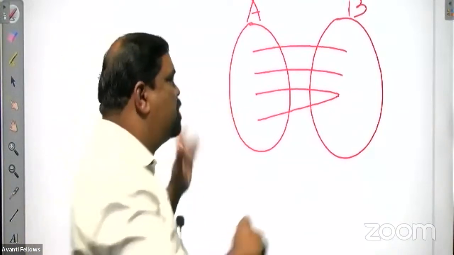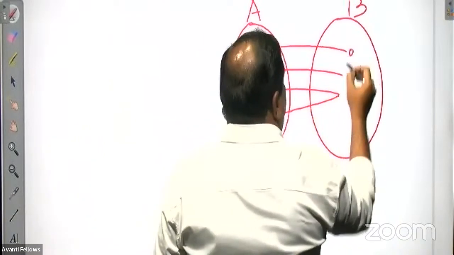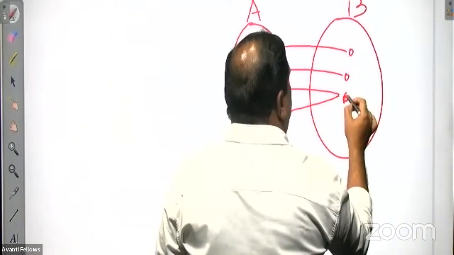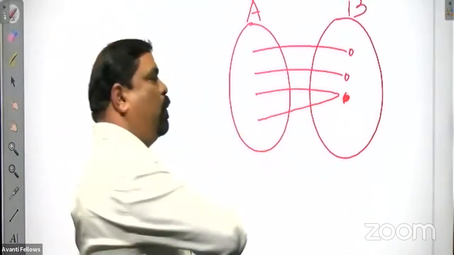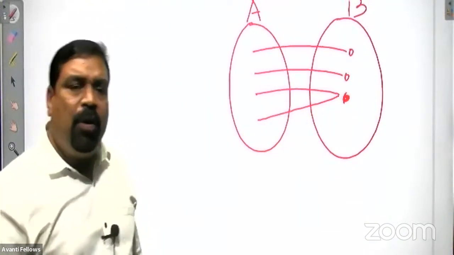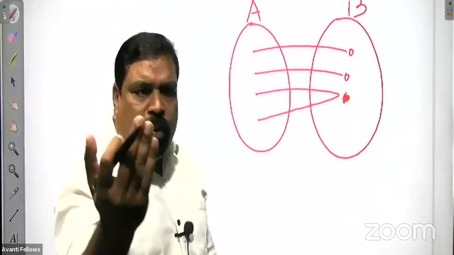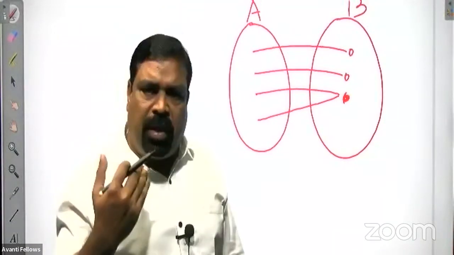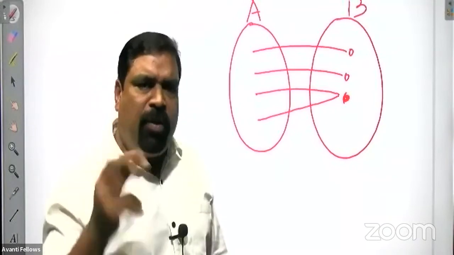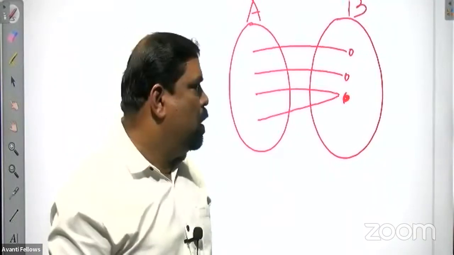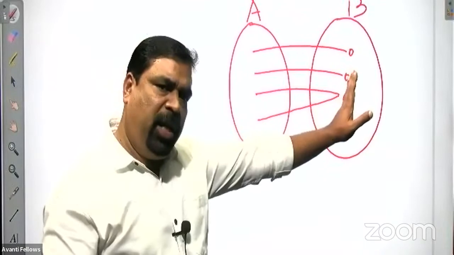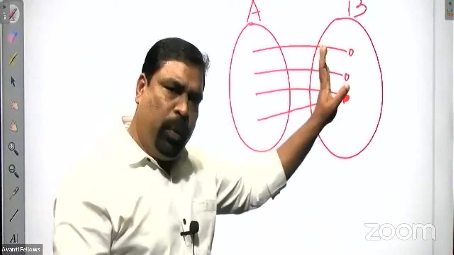Not possible, because if I take the reverse function, you can see the third element here has two images. So the 1-1 property must be there to define the inverse of a function. Here it is onto, but onto alone is not enough; 1-1 is a must.